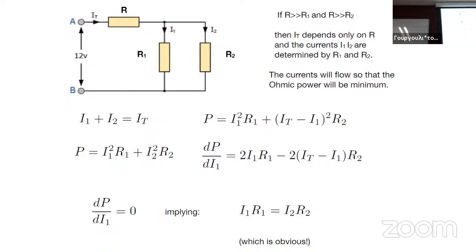And if we want to minimize it, what we actually get is essentially this relation. So actually the current will follow the path through the resistors that minimizes the ohmic power consumed.